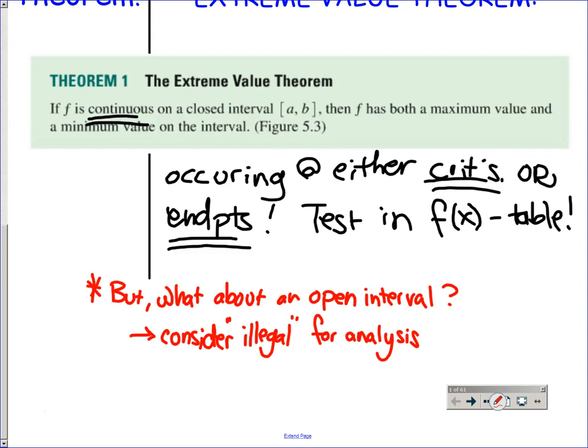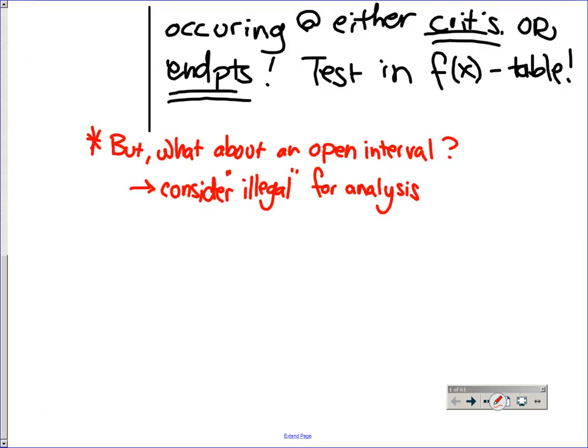But consider the illegal endpoints, whatever is not included in the interval. Still, figure it out so you can compare to what else you have. But then also think about the function behavior. What do I mean by function behavior, guys? How do functions behave? How do they change? How do they move? What do functions do?